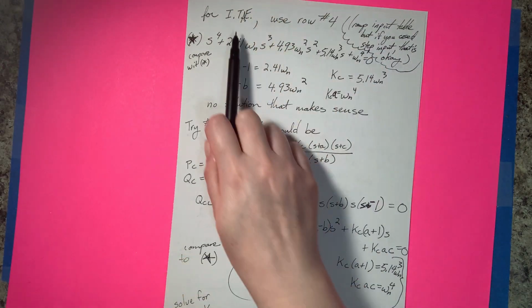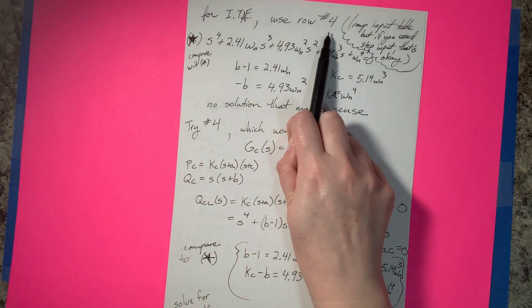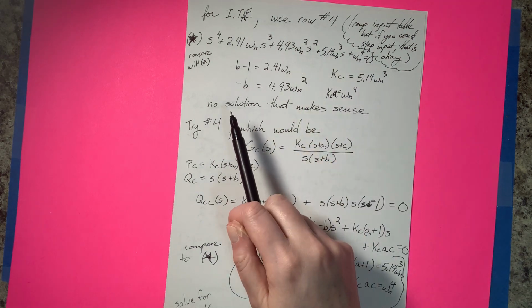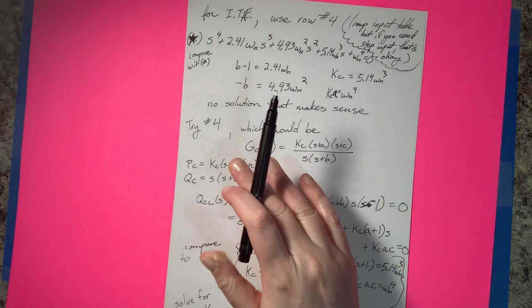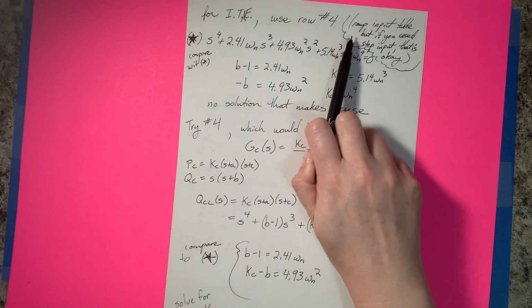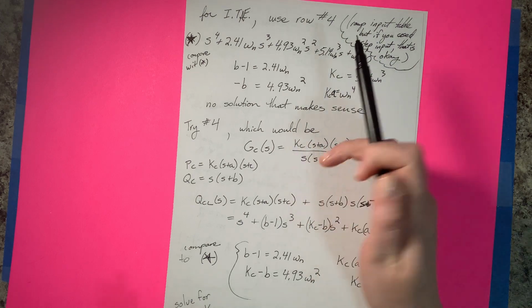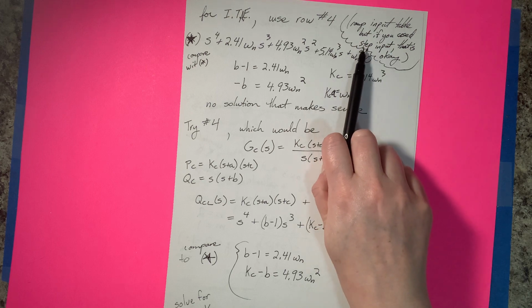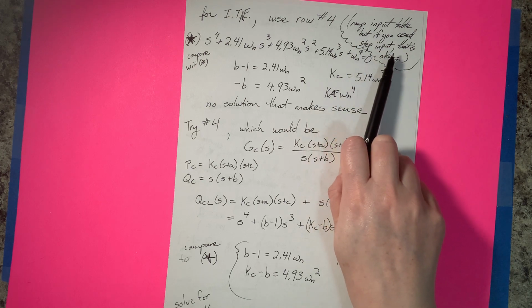And now for the ITAE, you would use row number 4 here. Since it was a very large, 4th order equation, I went ahead and compared to the ITAE table. I used the ramp input table, but since it wasn't specified, if you use step or ramp input, either one was acceptable in this case.